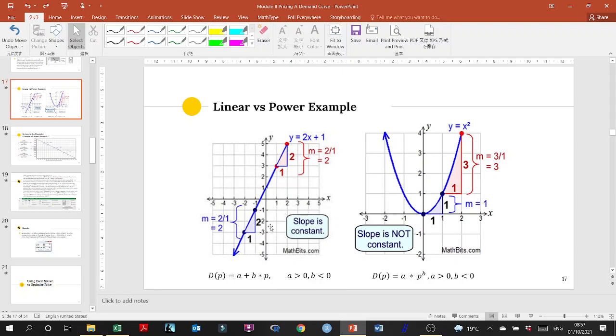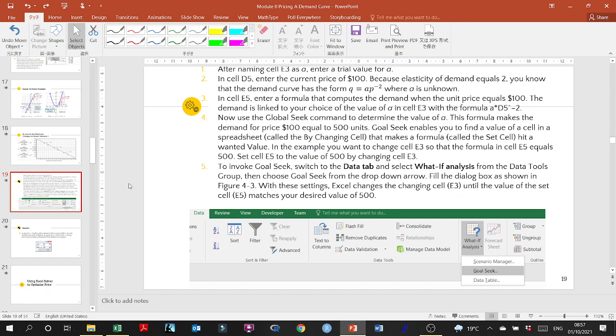This is a generalized form. So our demand function should be decreasing as we are moving away from 0, like that. But I couldn't find a nice representation other than this for what I'm trying to tell you about when do we use the linear curve and when do we use the power curve, right?